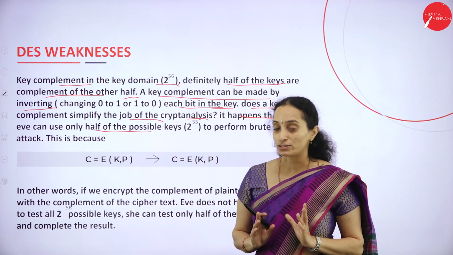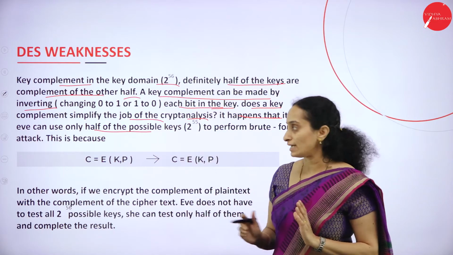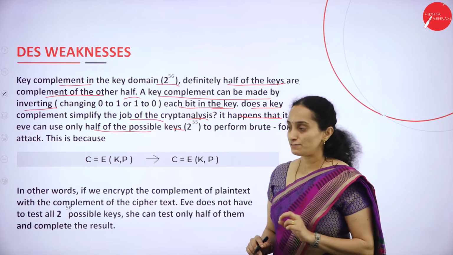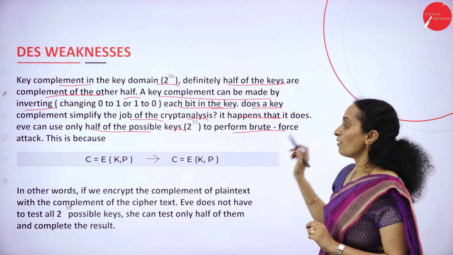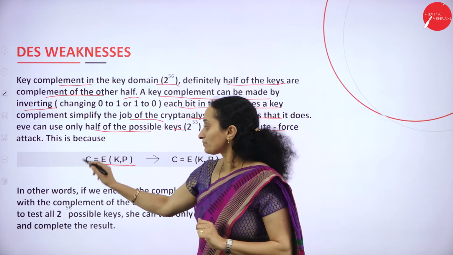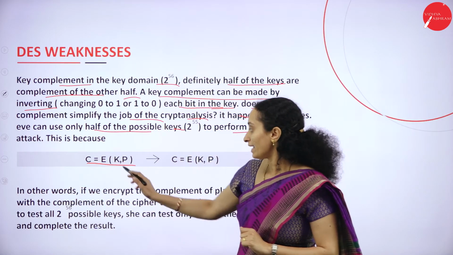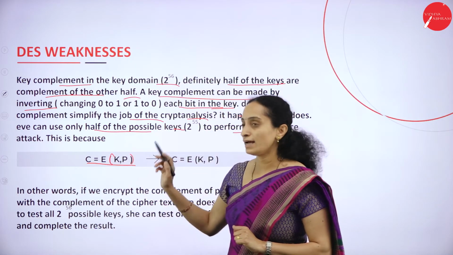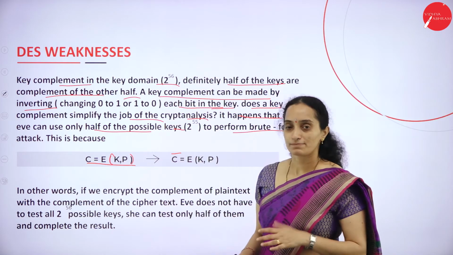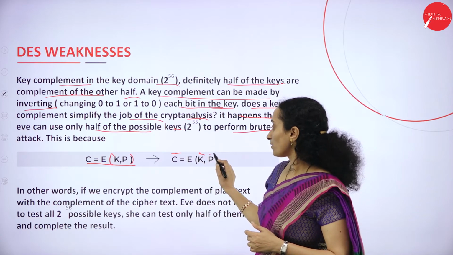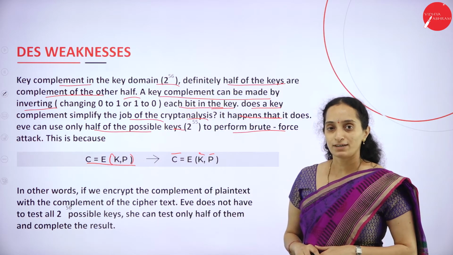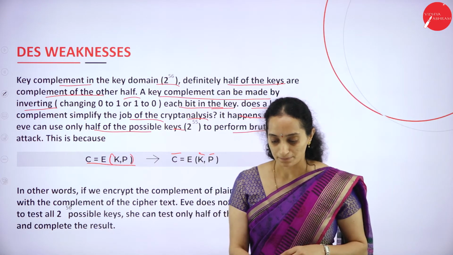Even though the possibility is 2 to the power of 56, what you can use is only 2 to the power of 55 to perform the brute force attack, because you have ciphertext encrypted with key and the plain text. We get C complement. The other half will be the complement of the ciphertext.